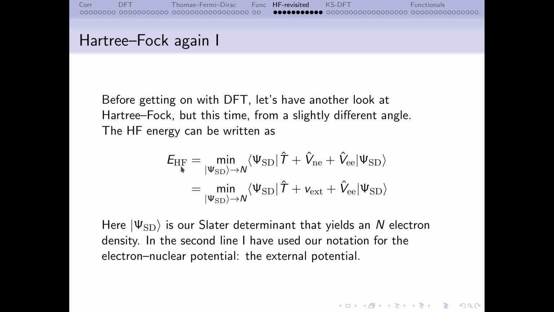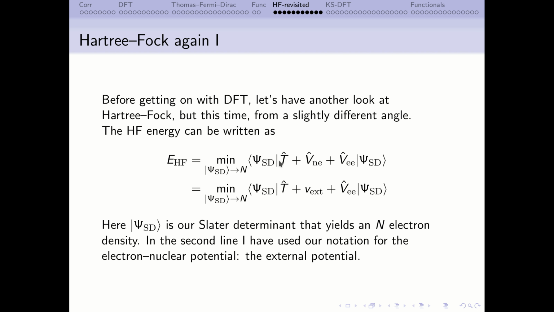The Hartree-Fock energy, as you know, is the minimum energy of the Hamiltonian. Now I'm writing the Hamiltonian in the density functional form, where we have a kinetic energy part, an electron part, and this external potential, which is the electron-nuclear part. I've called it the external potential in the second line here.